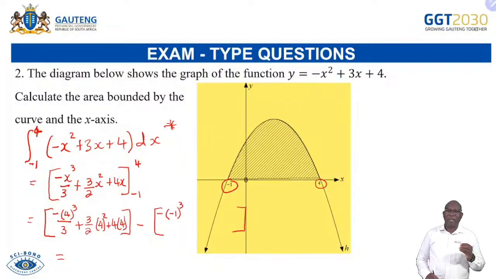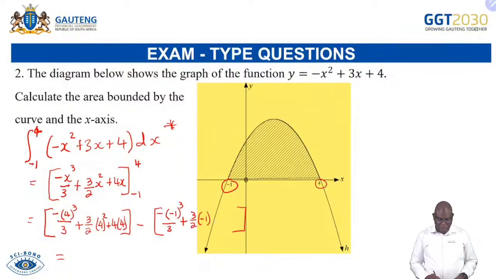So the negative must be out. The other negative is the one that we're substituting with. All over 3 plus 3 over 2, negative 1 squared, plus 4 into negative 1. Okay. All right. Then from there, you put this into brackets. I know with the fractions, we tend to make some mistakes. You must be very careful.